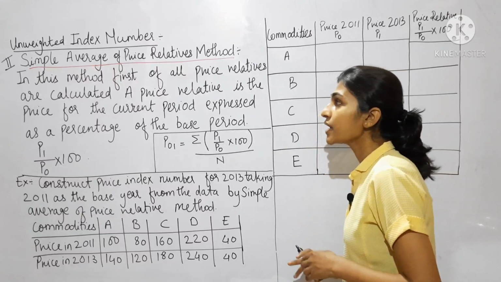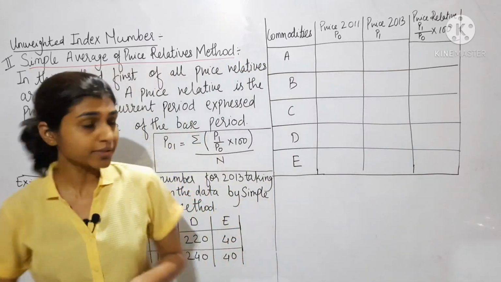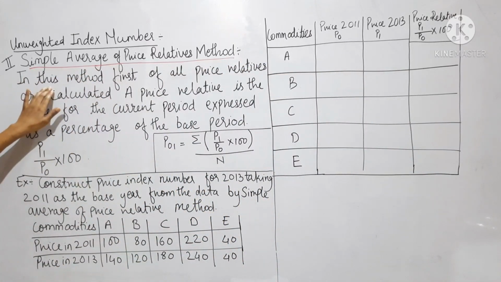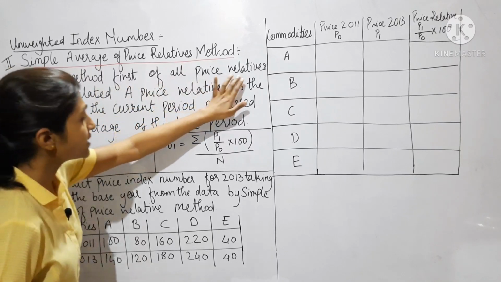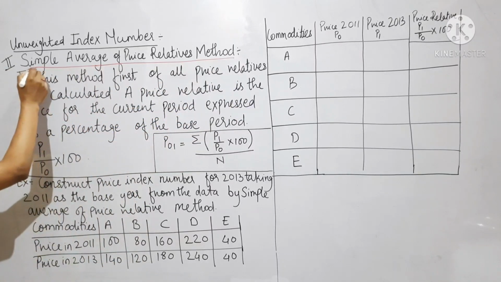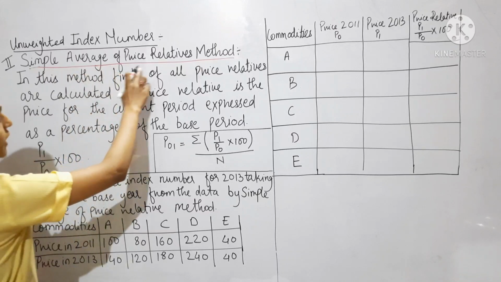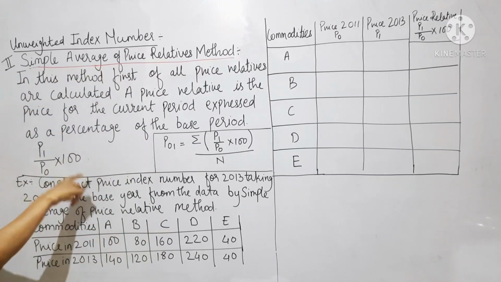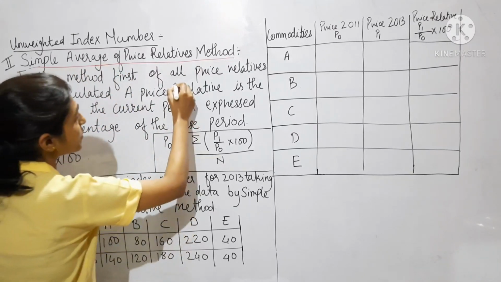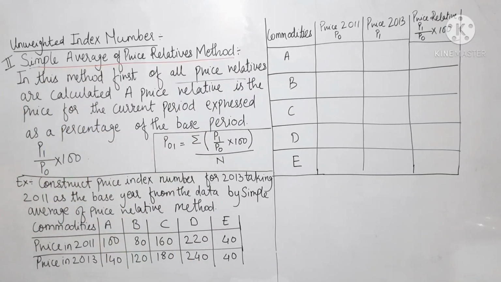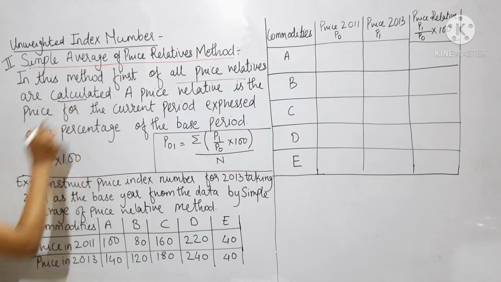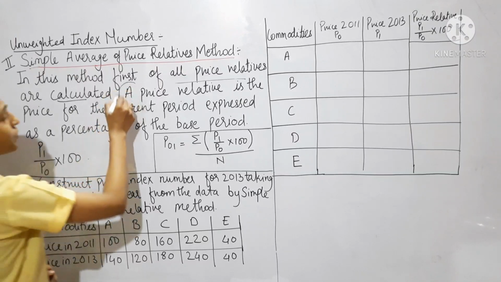So what is simple average of price relative method? In this method, first of all, all the price relatives are calculated. What is a price relative?